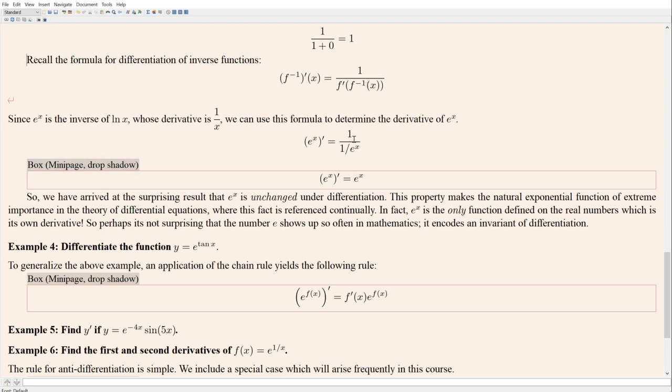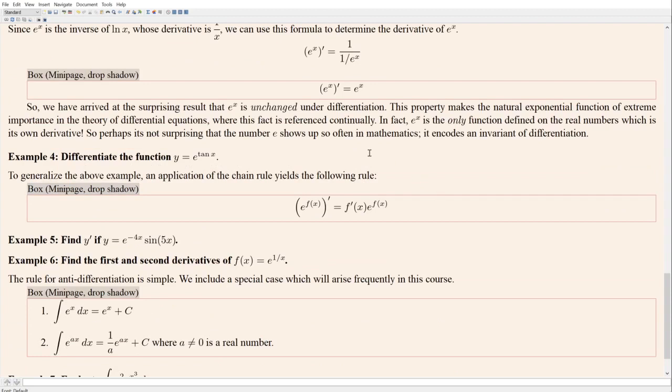So 1 over 1 over e to the x, that's just e to the x. So, we have this remarkable result that the derivative of e to the x is e to the x. It is unchanged under differentiation.